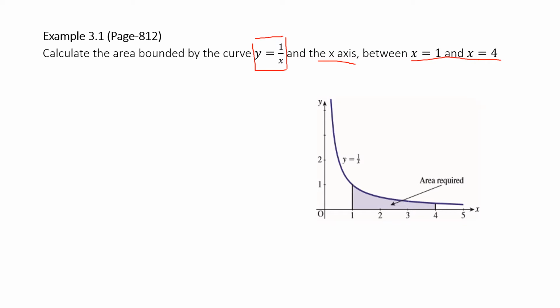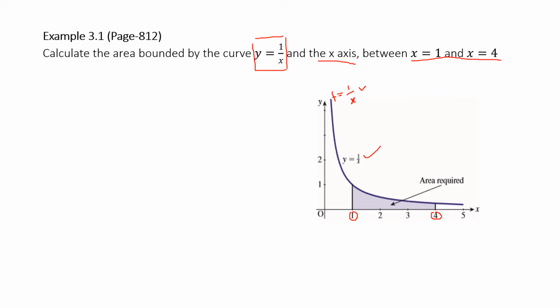So this shaded area needs to be determined.